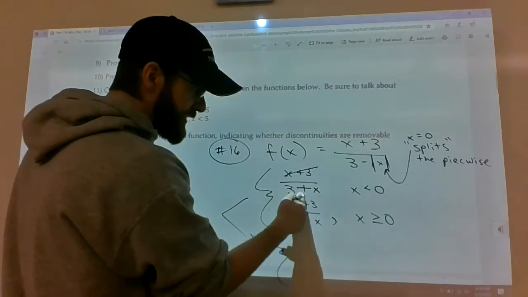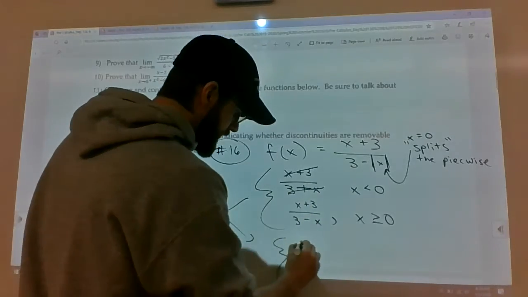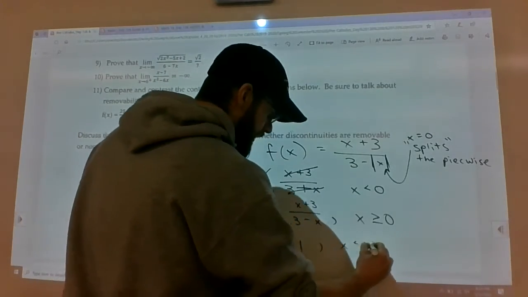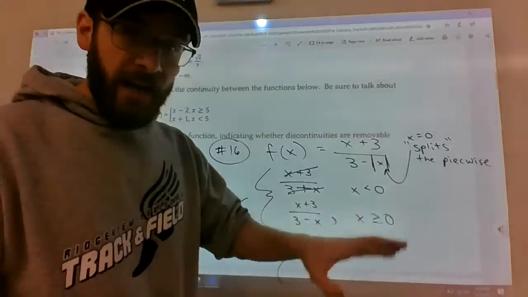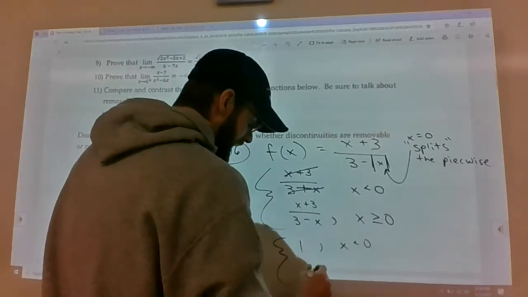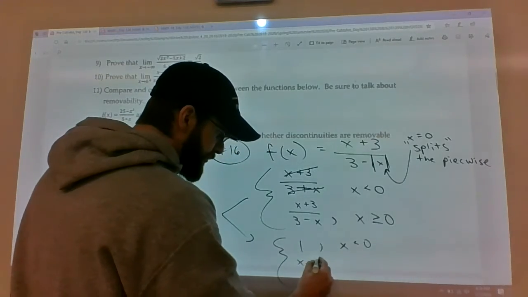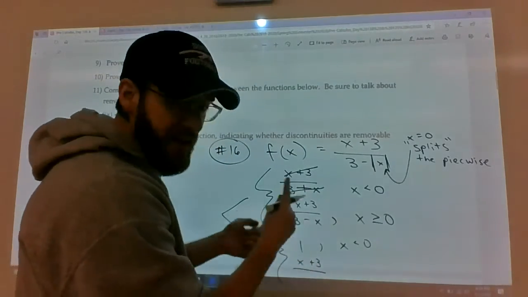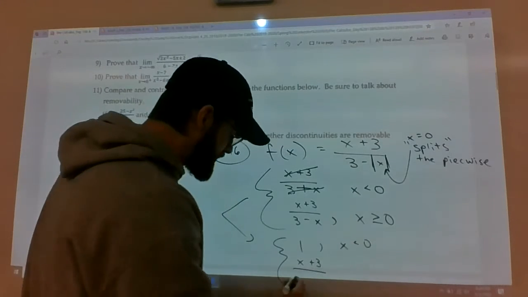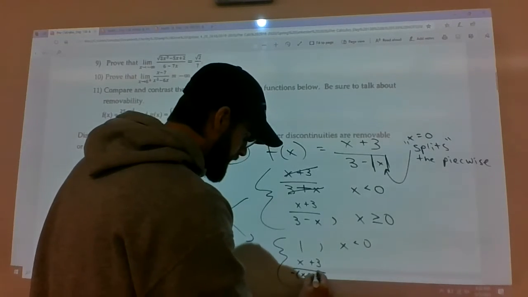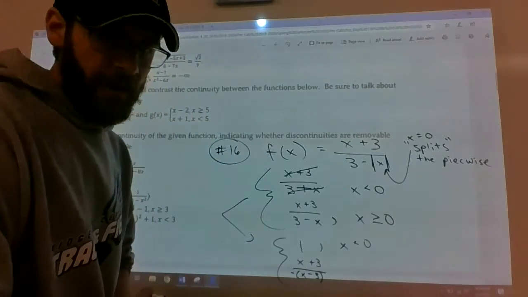X plus 3 over x plus 3 is 1, from the left of 0. From the right of 0, you got x plus 3 over negative x plus 3, which is the same as the negative of x minus 3.